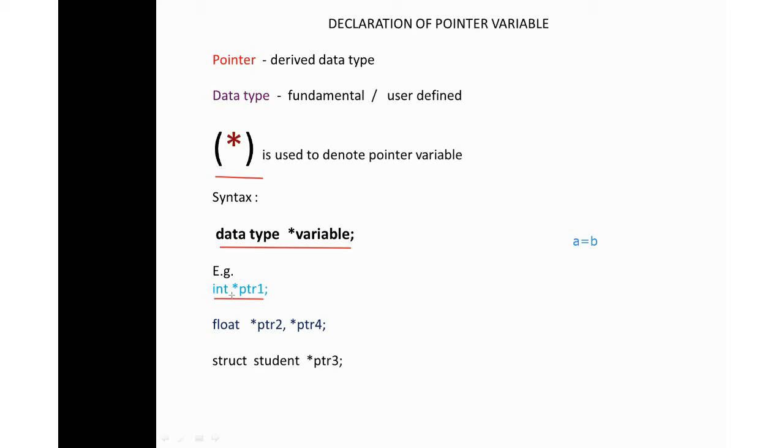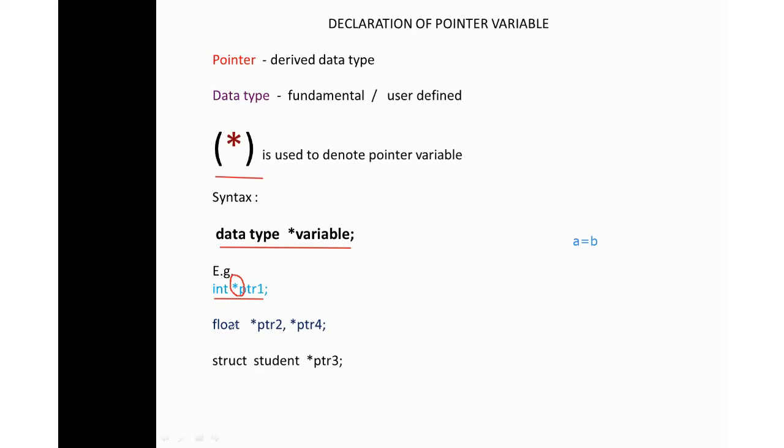So what we do here is we put the star symbol, star PTR1. Star PTR1 will be your pointer variable, which is of integer data type. You can use any of your fundamental data types.